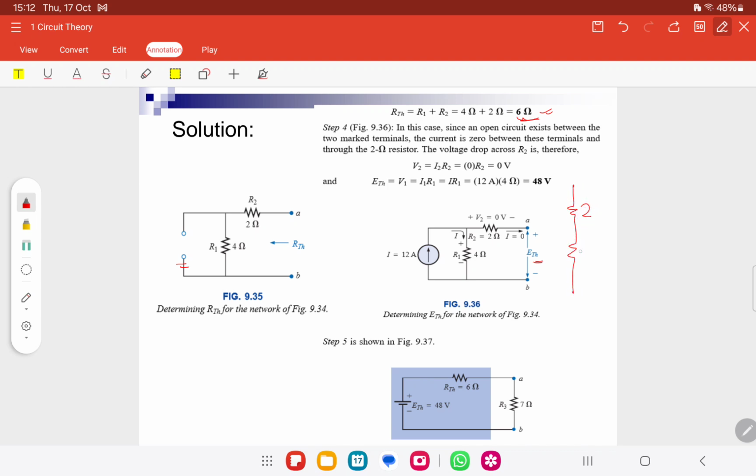Ini adalah 2. Ini adalah 4. VTH adalah, betul tak? Ni B. Tapi kat sini kita tahu 12 ampere.